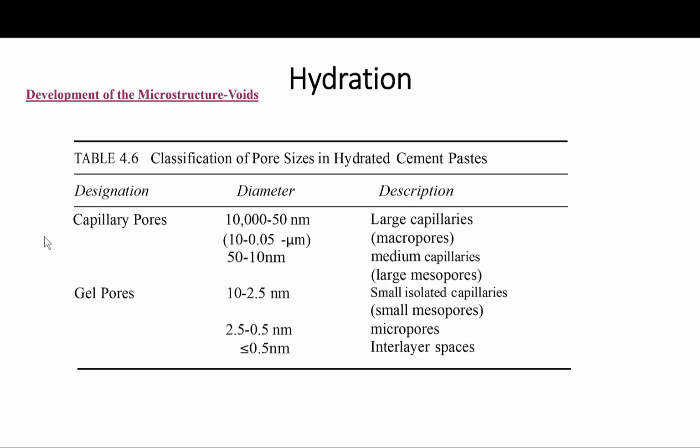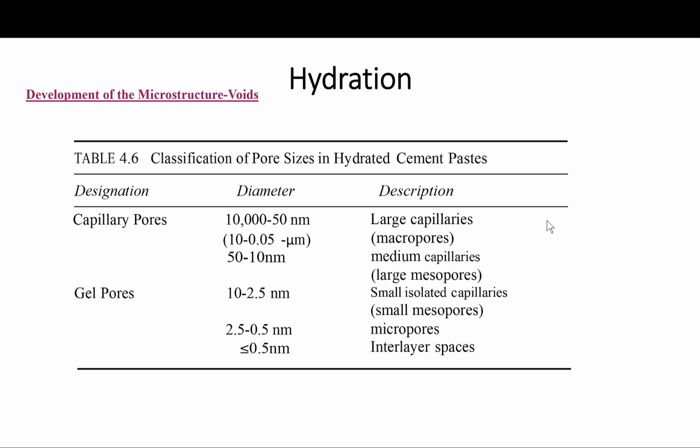Keep in mind the size division between capillary and large porosity. So if you look at this classification right here, the division between the capillary and gel porosity is to a large extent arbitrary, because the spectrum of the pore sizes is basically continuous.